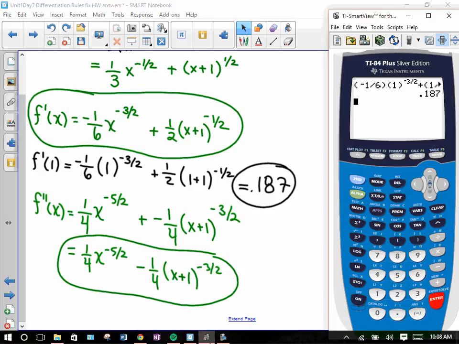So that would give us 1/4 times 1 to the negative 5/2 power, minus 1/4 times 2 to the negative 3/2 power.